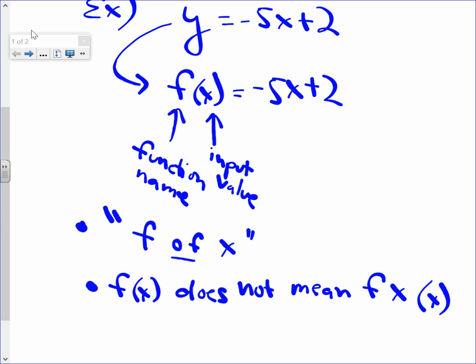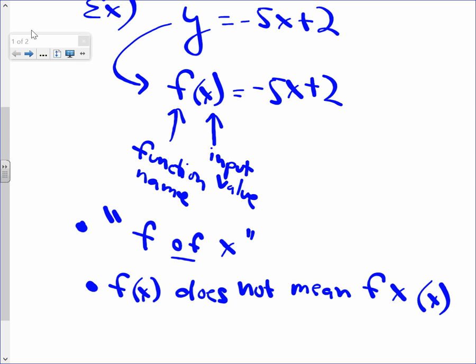This does not mean f times x. This means the function of x. It's a way of notation for higher level mathematics. We're tempted since junior high, if you see a letter next to another letter, you think this is multiplication, but it does not mean multiplication. This does not mean f times x. So make sure you understand that.